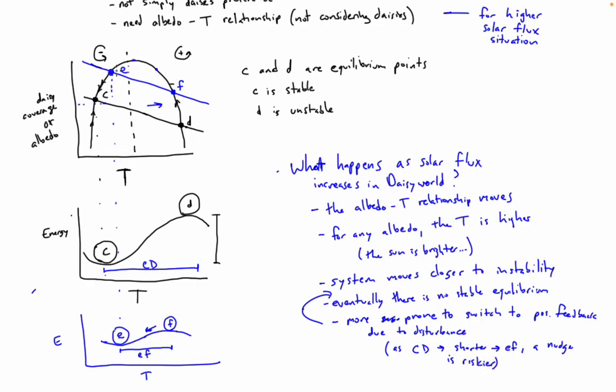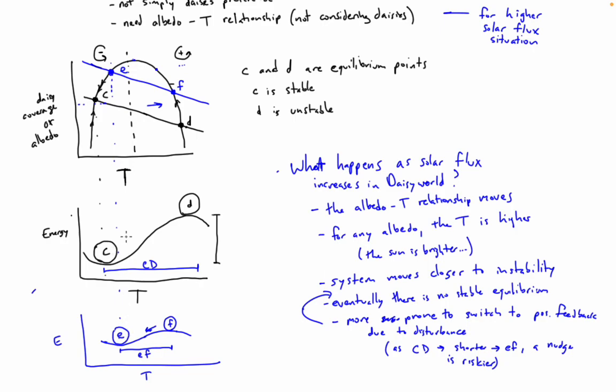Basically, if you bumped E, you'd have to have a climate anomaly that pushed things way over here past D before the system would flip out.